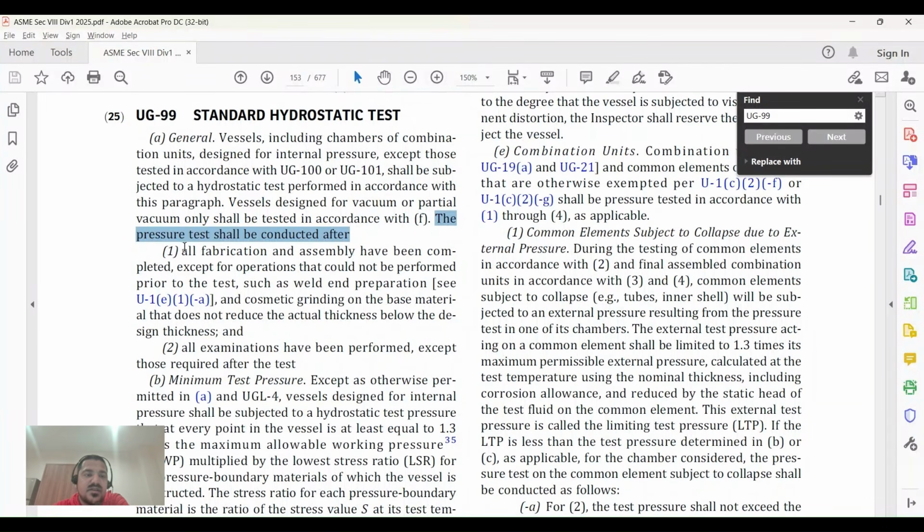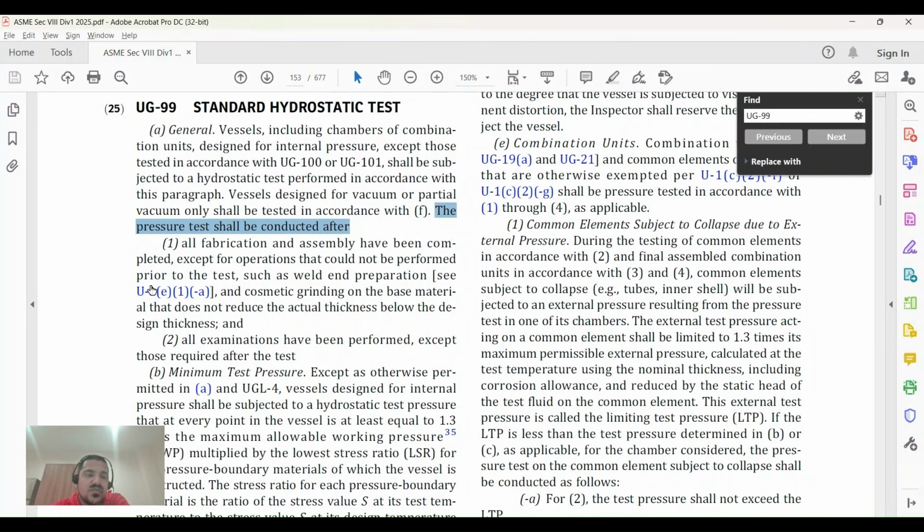It says the pressure test shall be conducted after two conditions. First, all the fabrication and assembly have been completed, except for the operations that could not be performed prior to hydrostatic test, such as weld end preparation and cosmetic grindings on the base material that does not reduce the actual thickness below the design thickness.